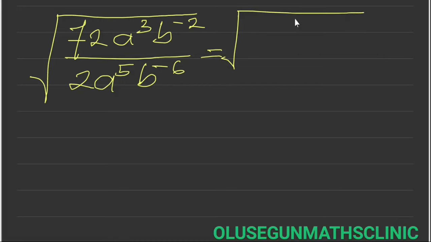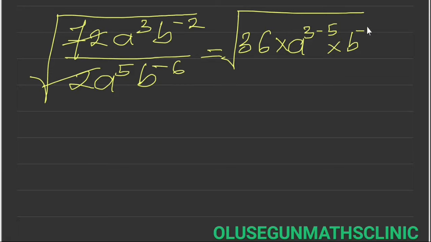The square root of 72 divided by 2, we have 36, times A. You select 1 A. The 3 is the one that is up, minus 5, times B raised to power minus 2, this is division, minus 6.